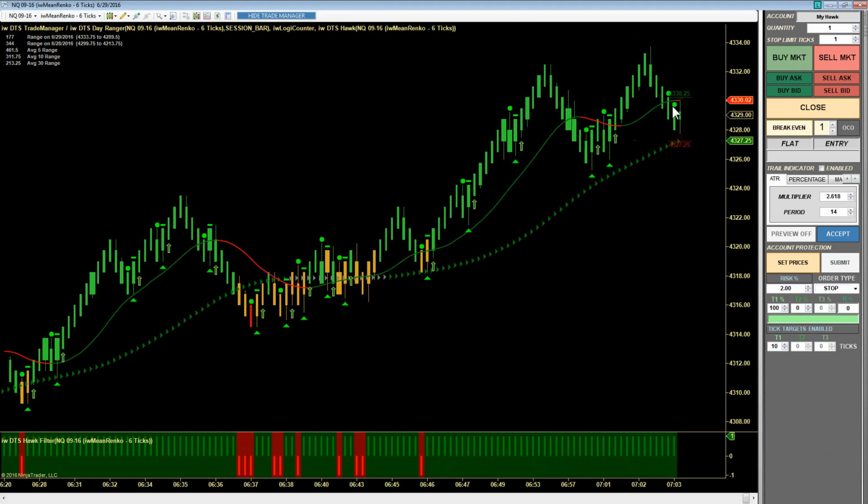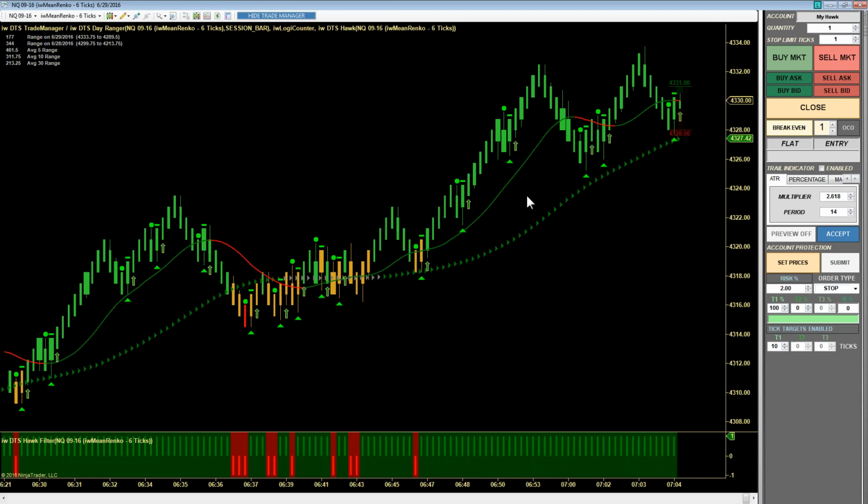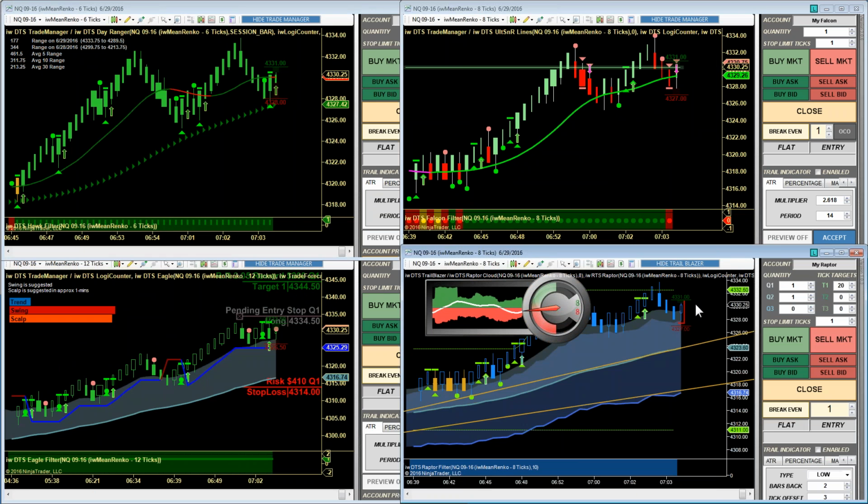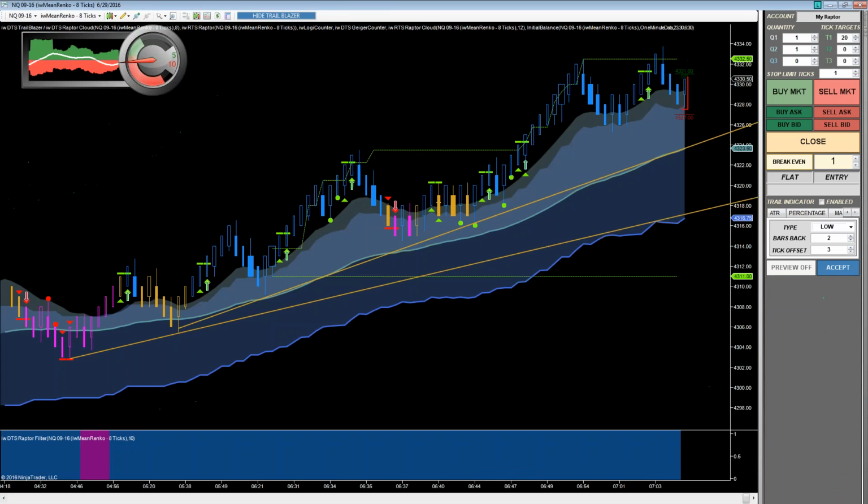Here on the Hawk, we're getting another macro pullback signal. Now, what's significant about that is we normally only see two or three macro pullback signals within a trend. So when we get a macro pullback, that may actually be telling us that the market is starting to lose some of its earlier momentum.